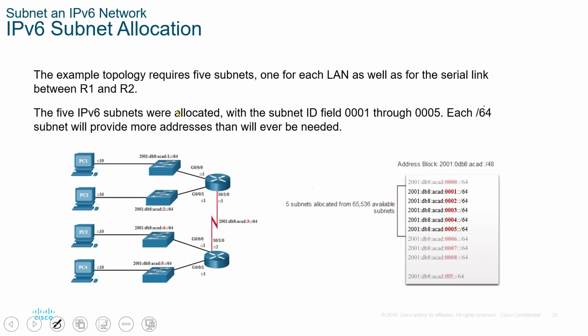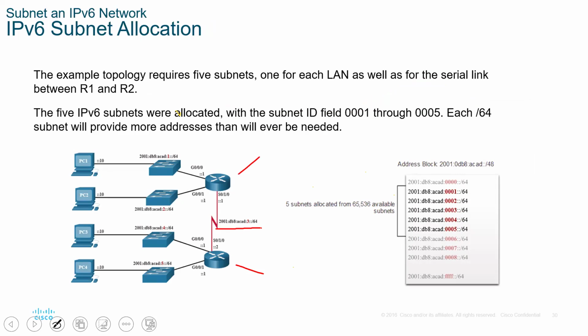Now, another example: assuming you need 5 subnets, one for each LAN as well as for the serial link between router 1 and 2. Between this router and this router, you need an IP address for it.